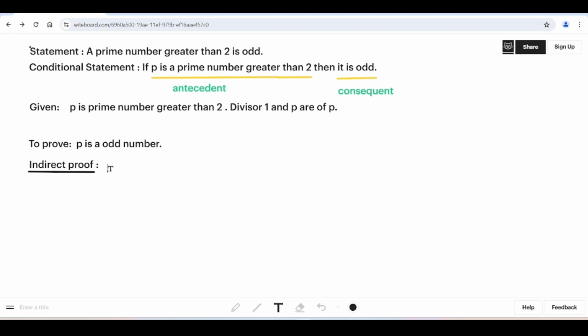So what was our first step? We assume that our consequent is false. Our consequent was P is an odd number. So we let P be an even number.